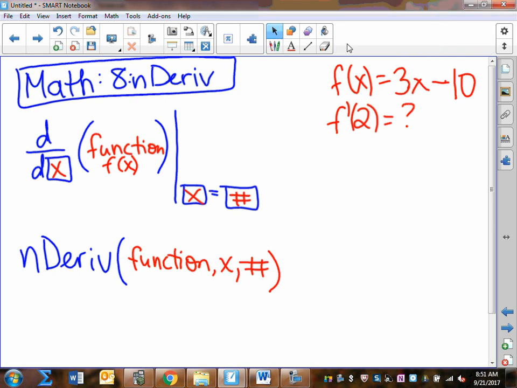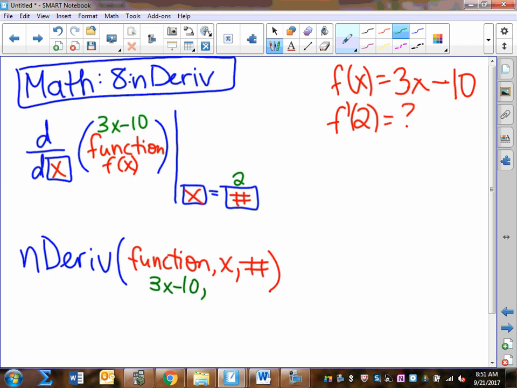Okay? So again, for this problem, 3x minus 10 goes in here, and 2 goes in here. And if you're using the old update, 3x minus 10, comma x, comma 2.